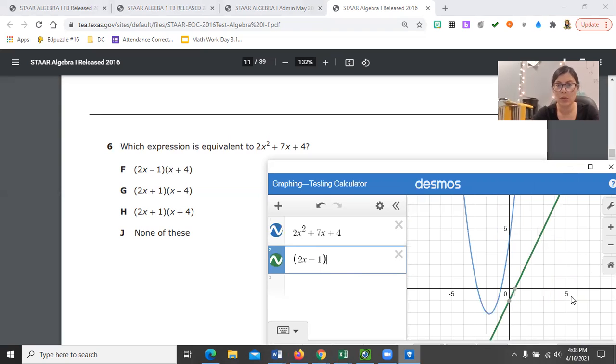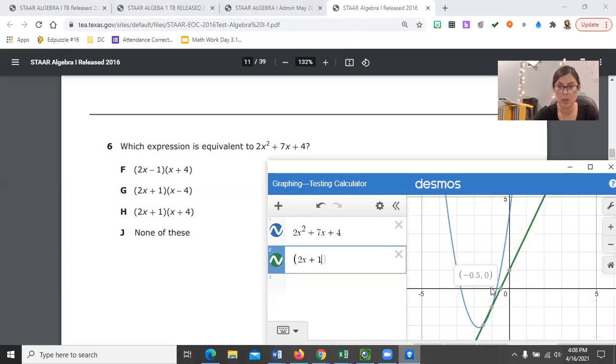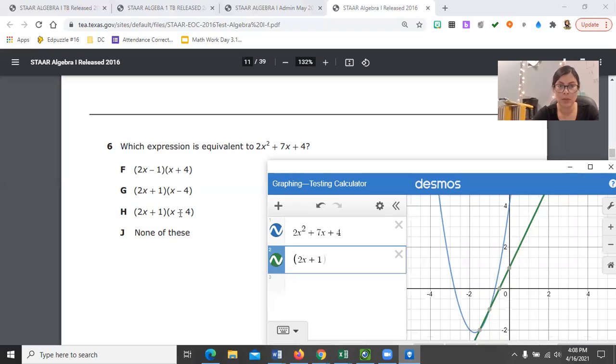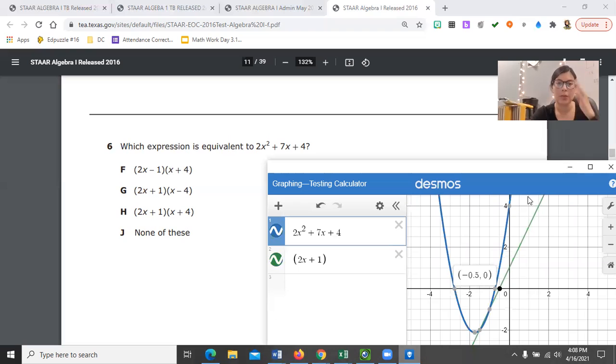Does it go through the crosses? No. Look, it crosses over here and needs to be over there. So we know the first one's out. Let's try the second one, plus 1. Does it go through it? No. The second one has the same problem, so it's going to be none of those. None of those go perfectly through right here or right there. So that one would be none of those.